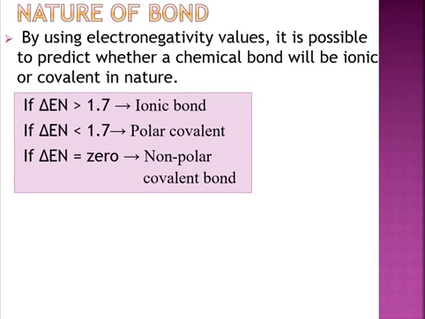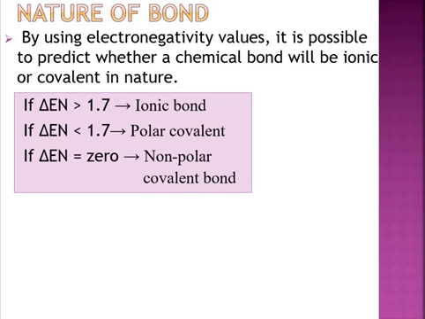Usually, the elements of group 1 and 2 in the periodic table, that is metals, and non-metals of group 15, 16 and 17 form ionic bonds because there is a large difference of electronegativities. Metals have low electronegativities, and non-metals have high electronegativities. The covalent bond is formed by the mutual sharing of an electron pair, and it is formed between two non-metals.